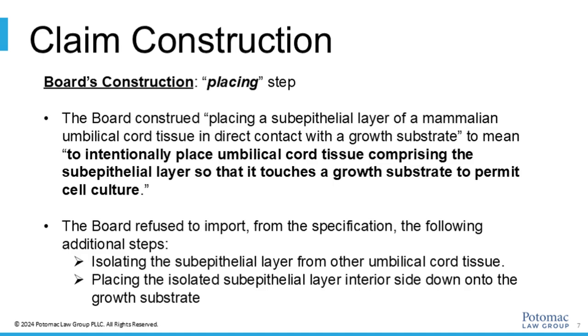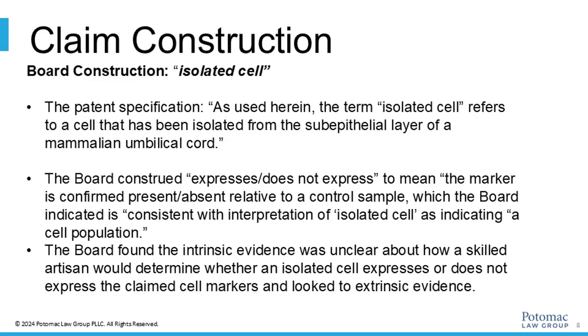Then there was the construction of the term isolated cell. And here the board did not provide a very explicit construction of that, but nonetheless, the board construed another term in the claim, meaning the expressing or not expressing certain surface markers.